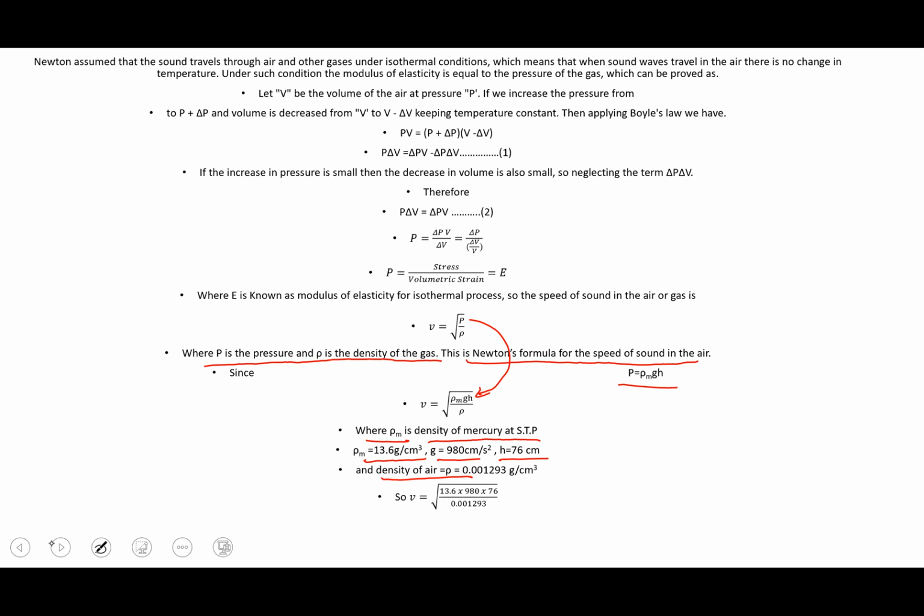Now, if we put in all these experimental values in this equation, what do we get? V is equal to the square root of 13.6 into 980 multiplied by 76, divided by 0.001293. We get a velocity of 281 meter per second.